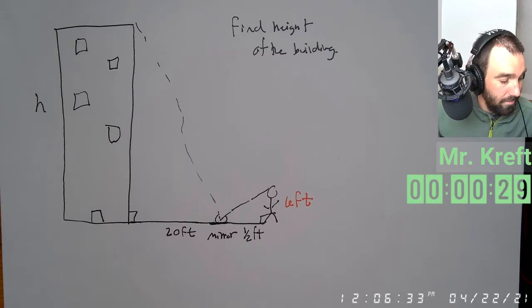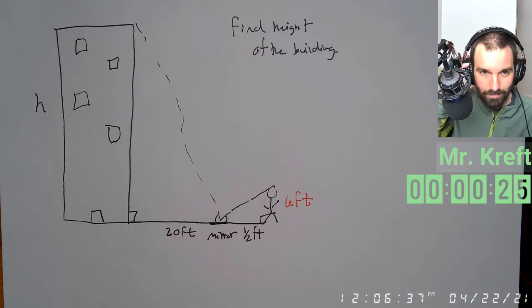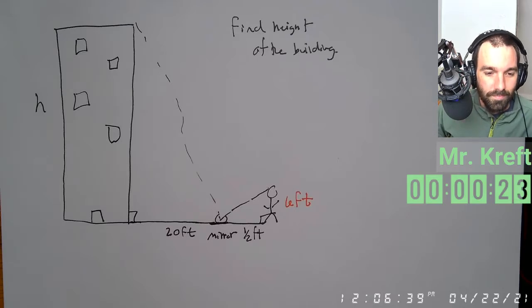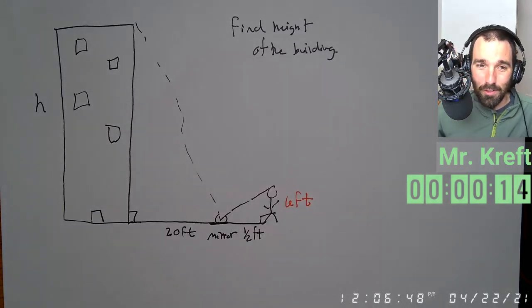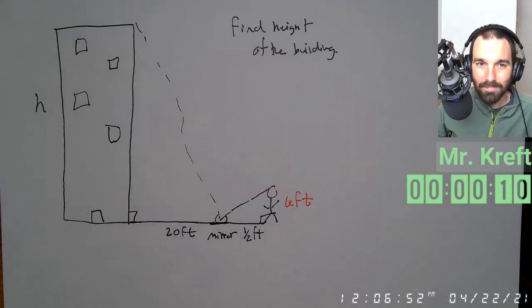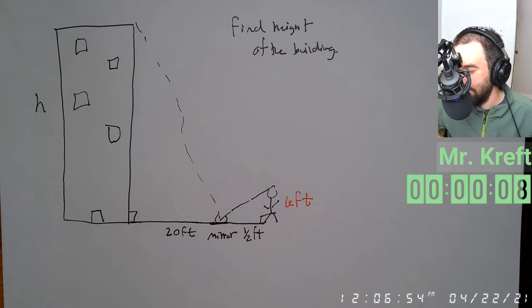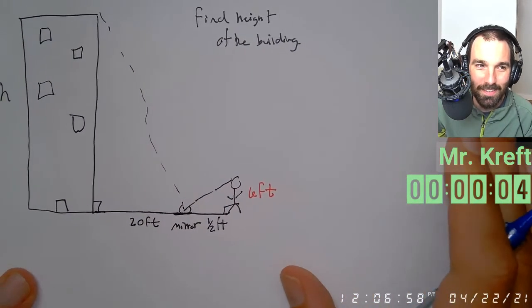I made a really good problem, by the way. Ooh, we're getting different answers. This is good. People are getting different answers, which means we have stuff to talk about. Exciting. Hashtag excited for math.